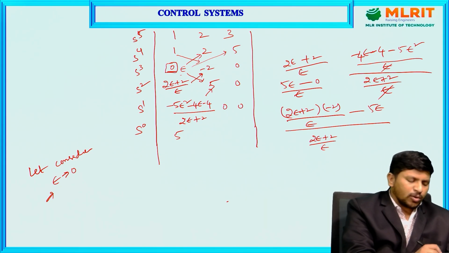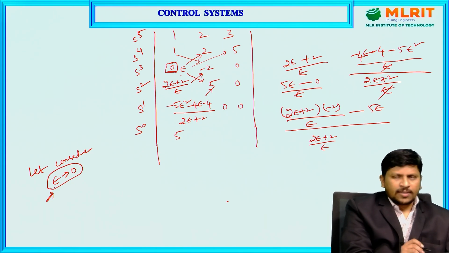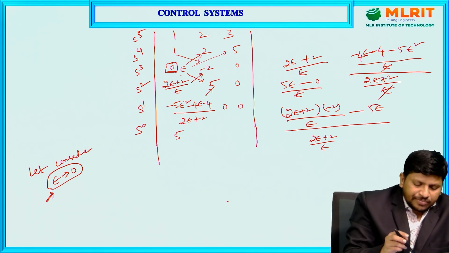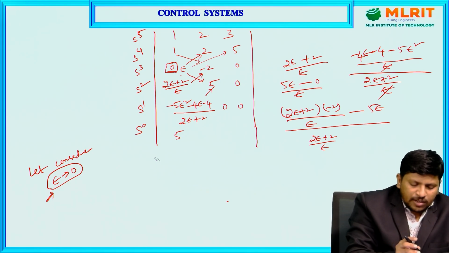For that we substitute 0 in place of epsilon.